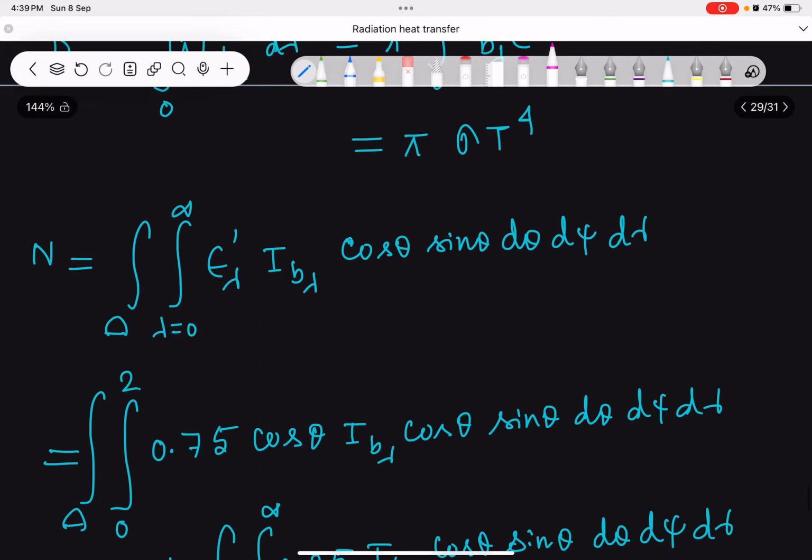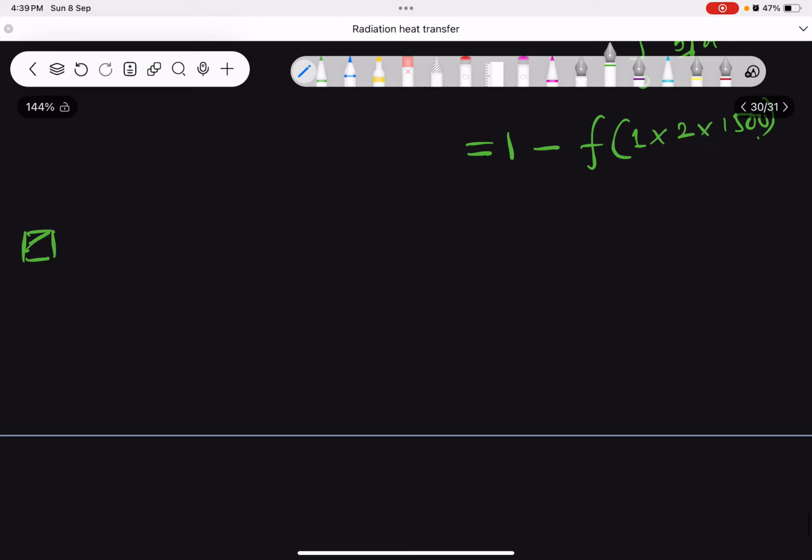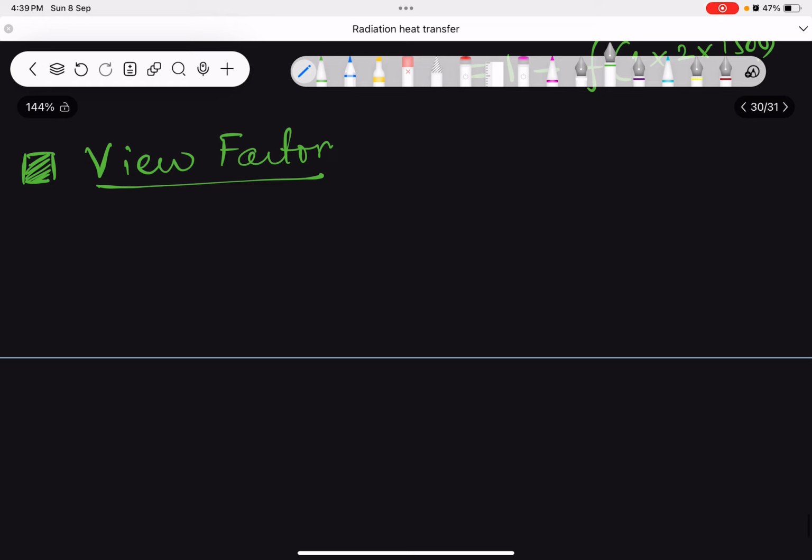But now let me proceed and introduce a very important concept, that is the concept of view factor. This concept is very much analogous to the examination hall.